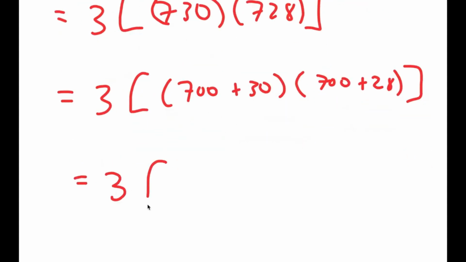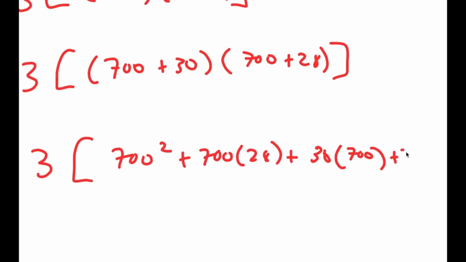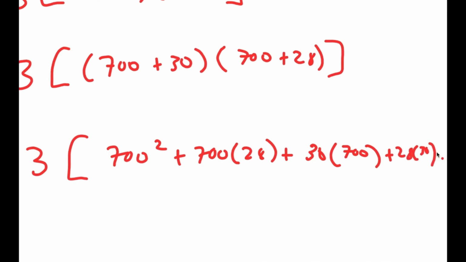So this is equal to 3 times 700 squared plus 700 times 28 plus 30 times 700 plus 28 times 30.